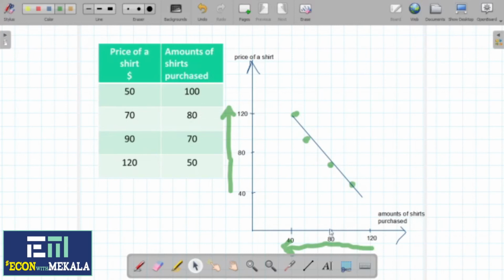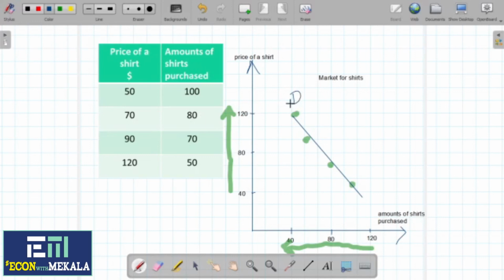So we can label this graph as market for shirts. And the most common notation we use to label a demand curve is capital D. So we can label this demand curve as D.